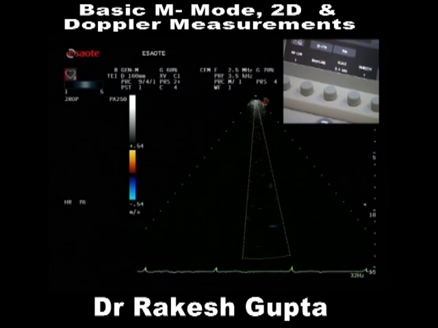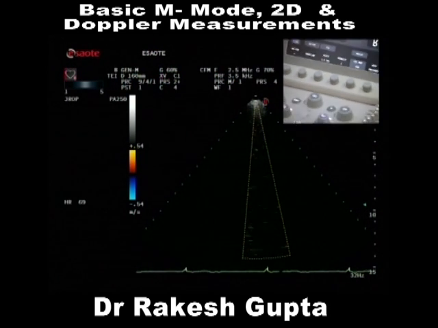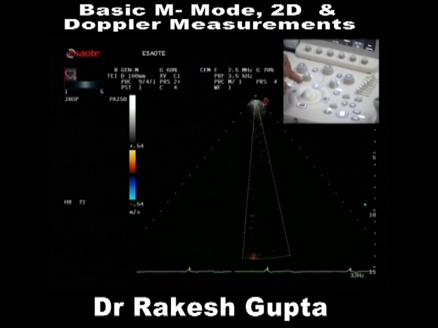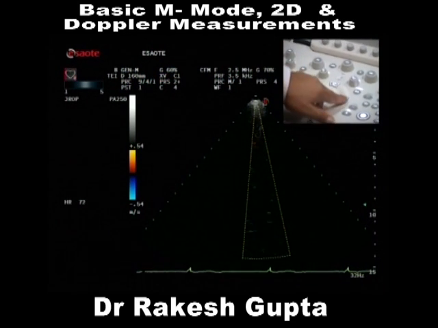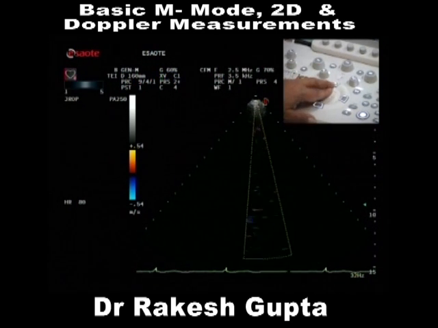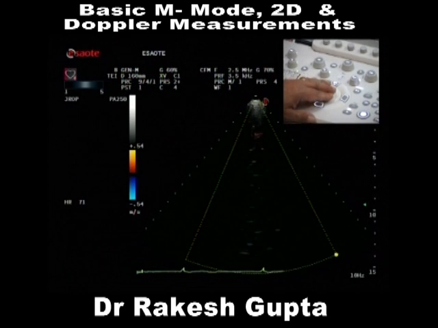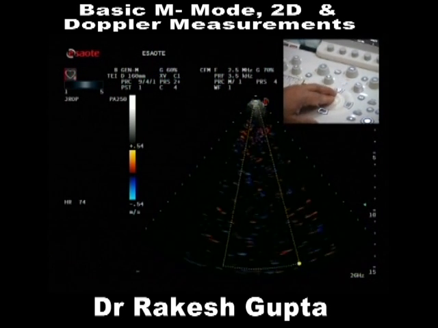How to increase the spectral angle? Focus. There are three buttons on top of this machine. This is reject, this is accept, and this is the third button. I am pressing this third button. Now, color, correct?